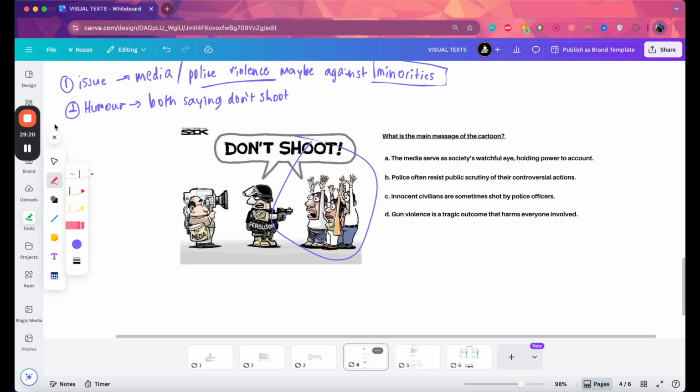So the humor is both saying "Don't shoot," and the point of this is probably to show that police violence is often covered up by perpetrators.